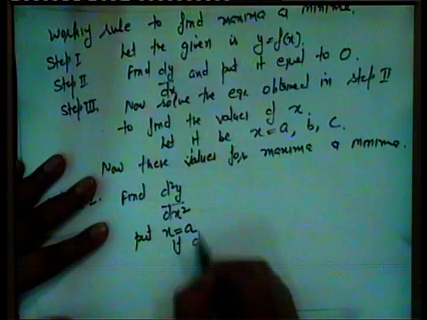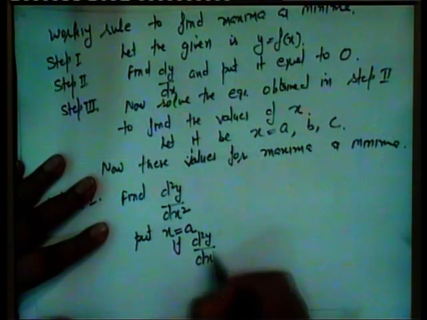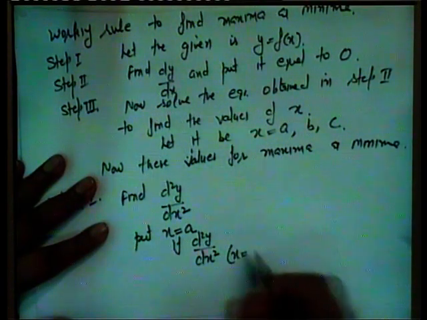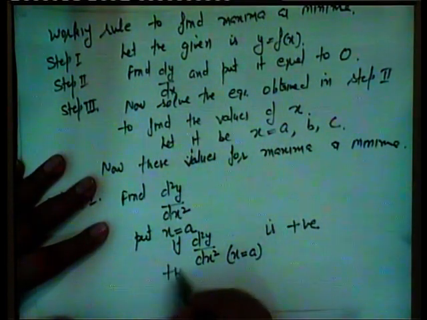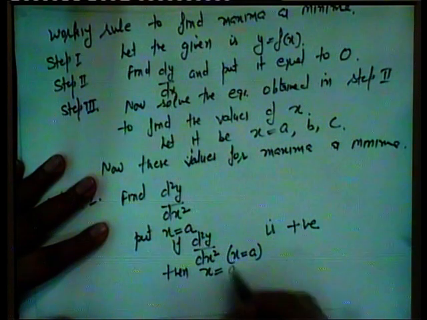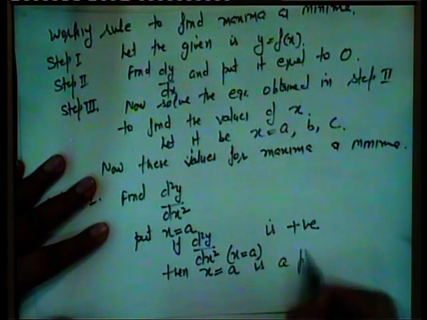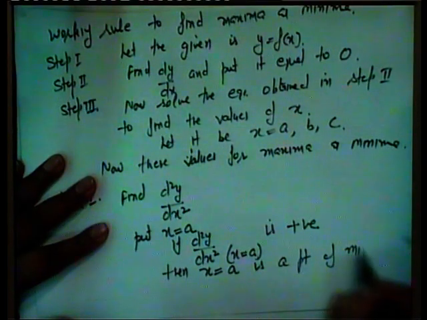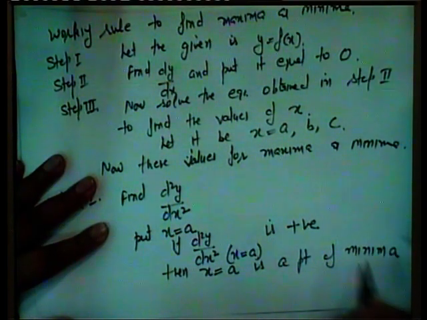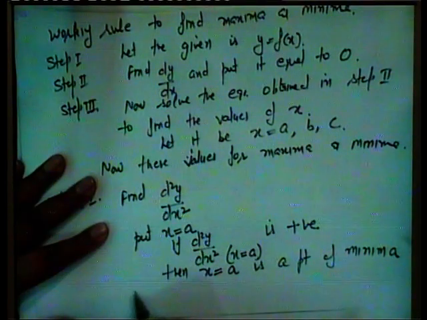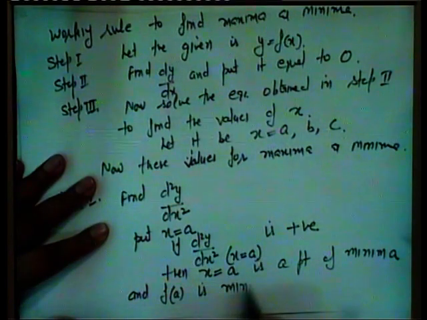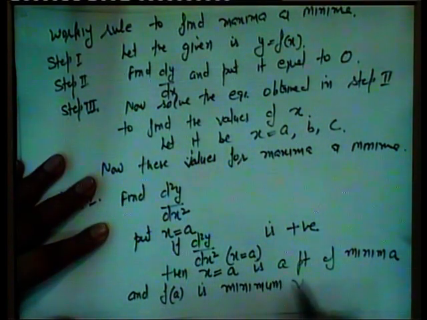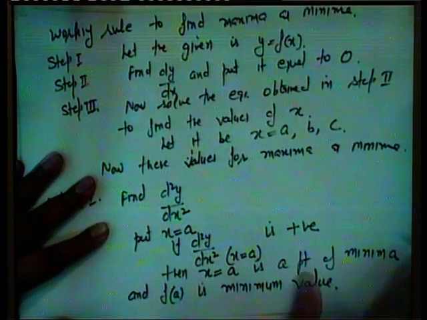If d2y by dx square at x = a is positive, then x = a is a point of minima, and f(a) is the minimum value.